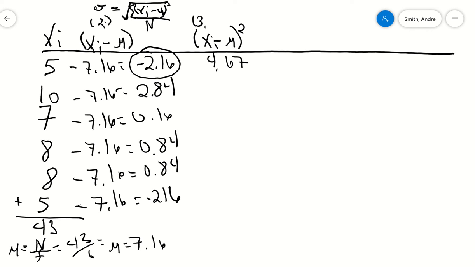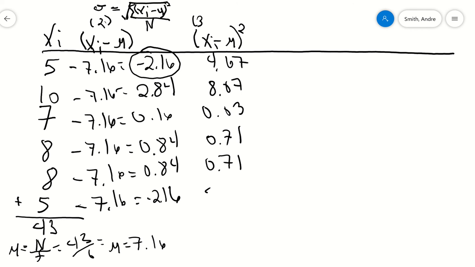We're just going down the line. 2.84 times 2.84 is 8.07. 0.16 squared is 0.03. 0.84 squared is 0.71, I'm sorry, 0.71.